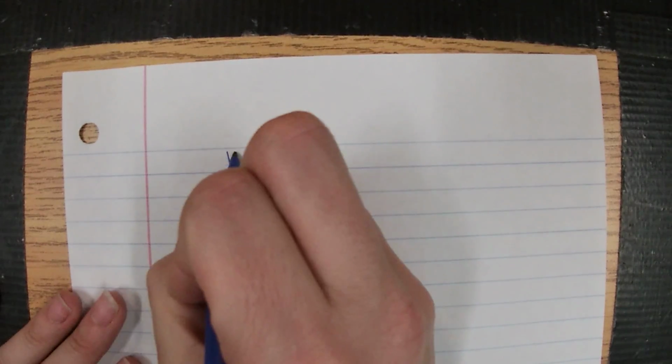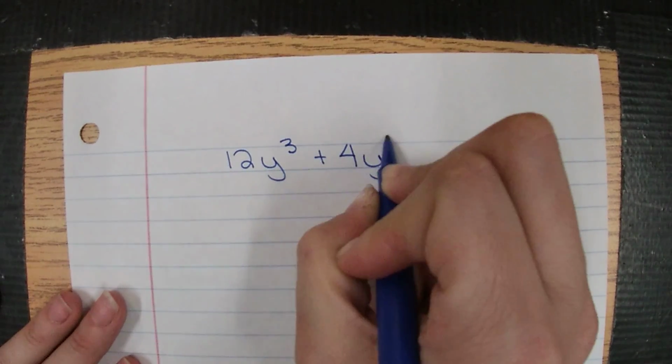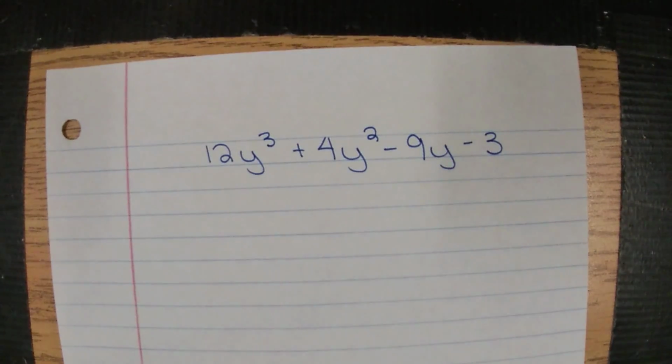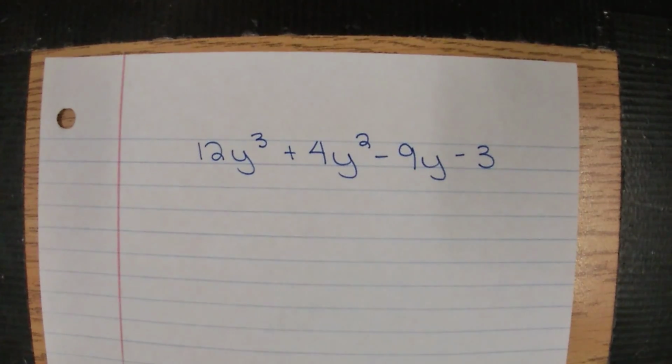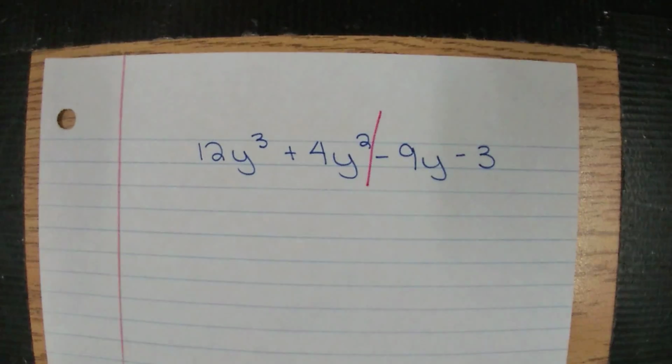Okay, so let's look at another one. Let's say we have 12y to the third plus 4y squared minus 9y minus 3. And if we want to factor this by grouping, right, it's 4 terms. So the first thing we're going to do is split this in half.